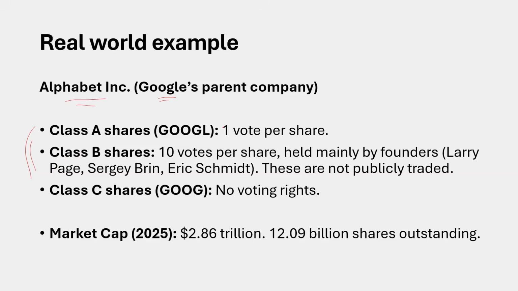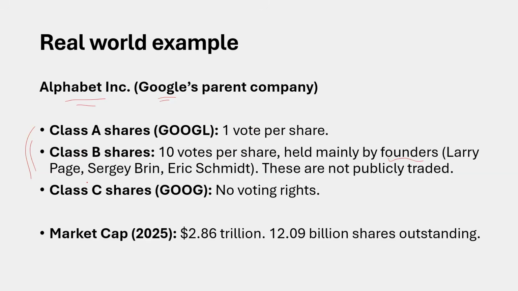So for example, Class A shares have only 1 vote per share. Class B shares have, for example, 10 votes per share, and these are primarily held by the founders of the company, who are Larry Page, Sergey Brin, and Eric Schmidt. And these shares are not publicly traded, so this is basically a mechanism for these guys to have more say in the business of the company.